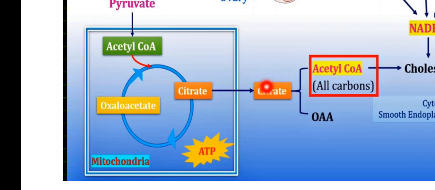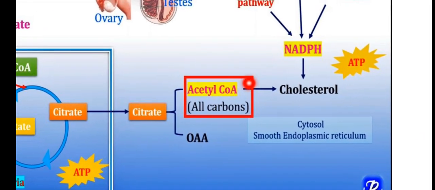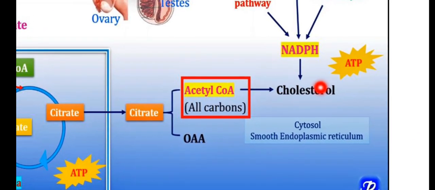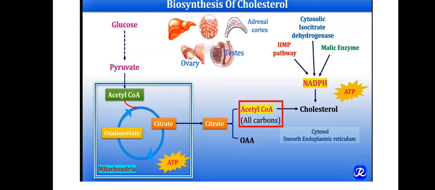All carbons of the cholesterol that we're going to get will come from this acetyl-CoA, which can now be used to form cholesterol. So what I've just described is what we call the citrate shuttle. Now don't worry, I know you can see on top there's the NADPH, the malic enzyme, the HMP shunt.